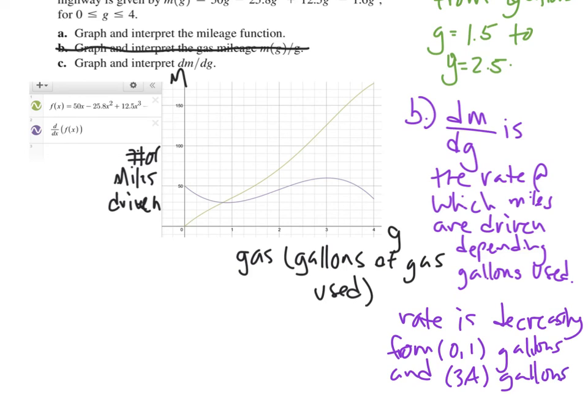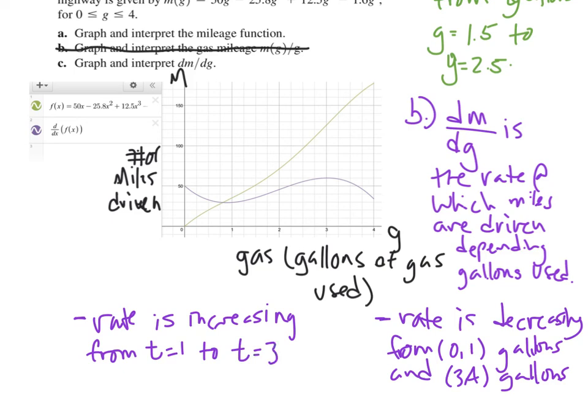We know that the rate is increasing from G equals 1 to G equals 3 gallons. So that's really what's happening here.